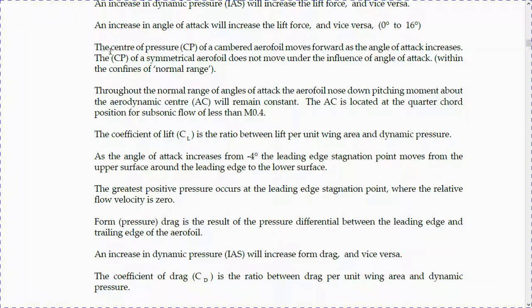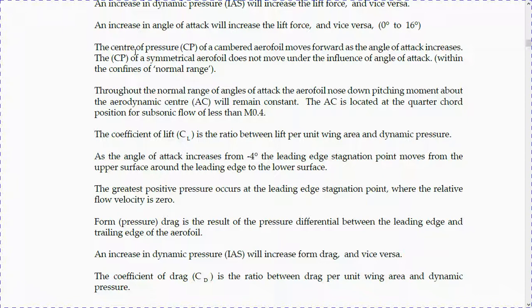The center of pressure of a cambered airfoil moves forward as the angle of attack increases. The center of pressure of a symmetrical airfoil does not move under the influence of angle of attack within the confines of the normal range.